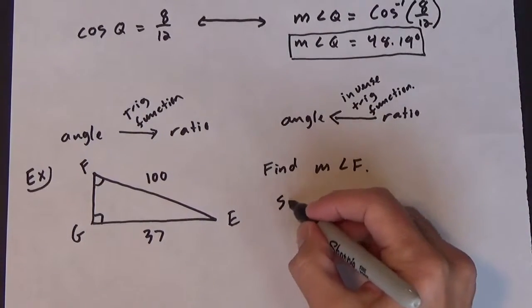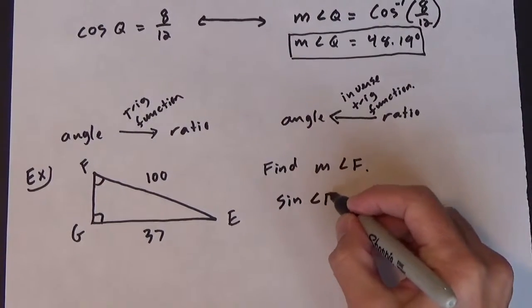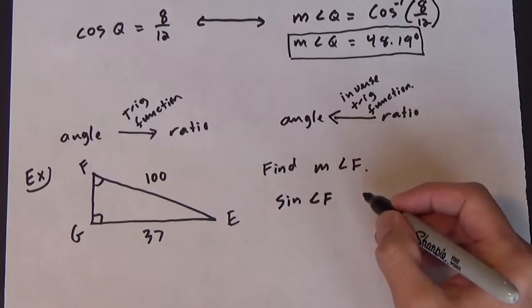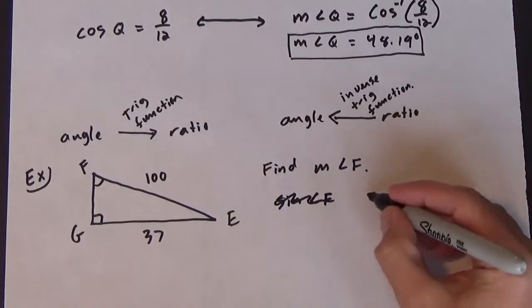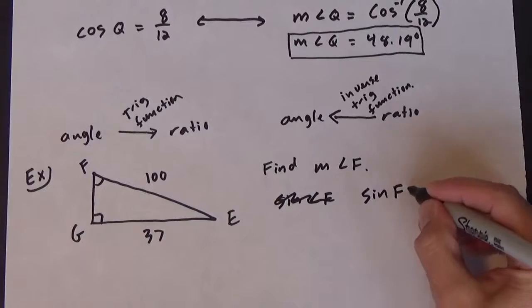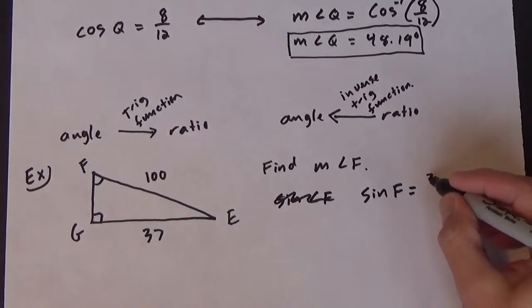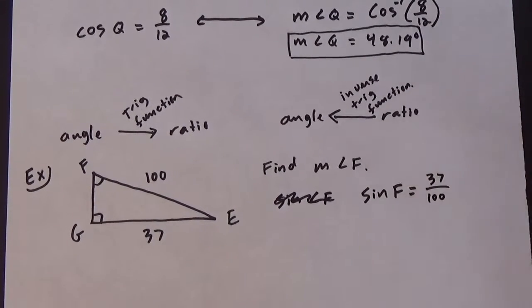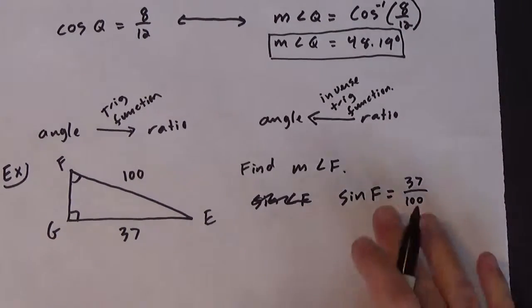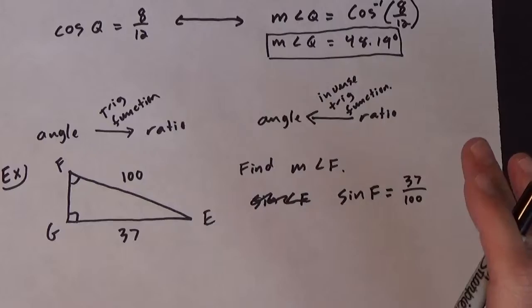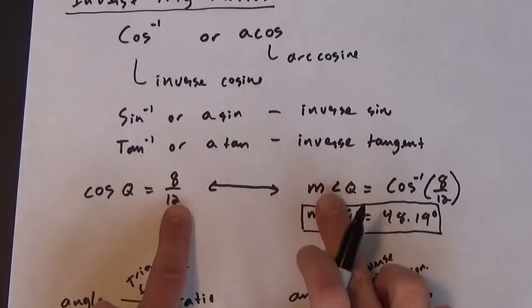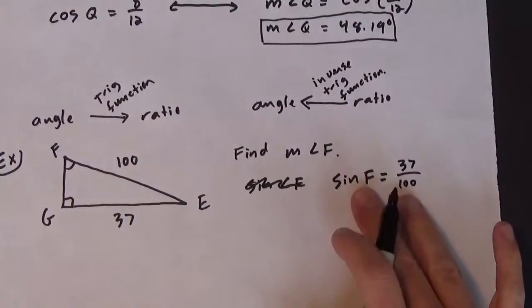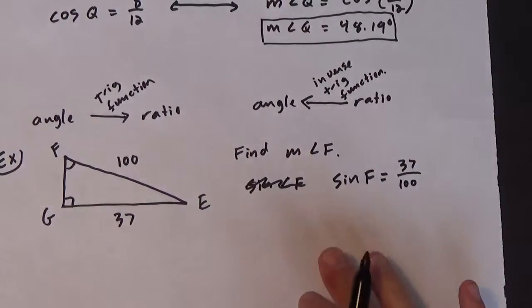so that would be the sine. So the sine of F equals the opposite over the hypotenuse. Okay, so there's our setup. Now, just like we were able to go back and forth here, once you have this ratio, you can automatically go to the inverse.